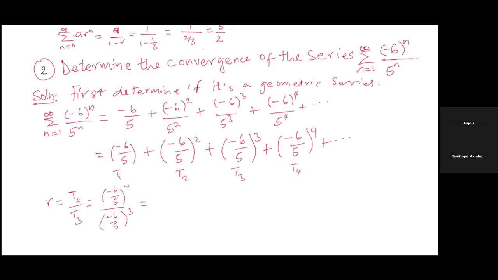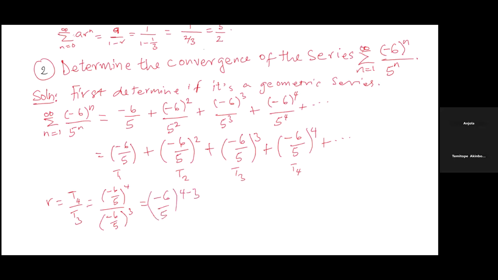Is that clear? Yes, sir. So by law of indices, this is minus 6 over 5 raised to power 4 minus 3, which is 1.